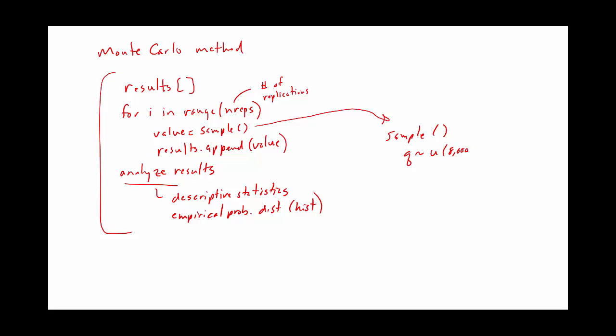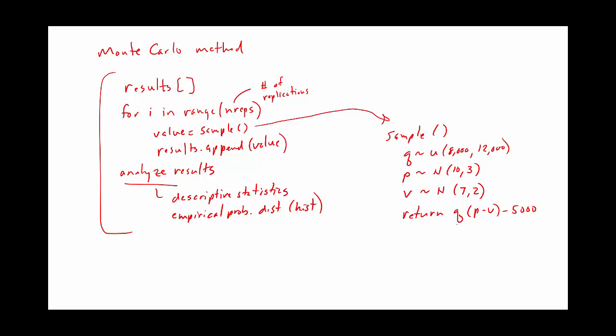And for our problem, sample is simply going to be sample a Q from a uniform distribution between 8,000 and 12,000, sample a P from a normal distribution with a mean of 10, standard deviation of 3, sample a V from a normal distribution with a mean of 7, standard deviation of 2, and then return Q times P minus V minus 5,000.